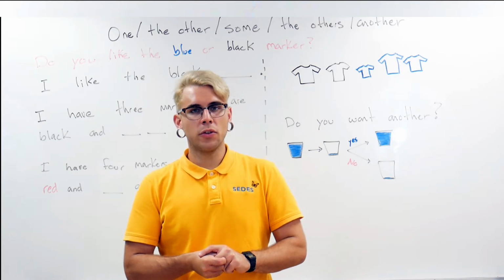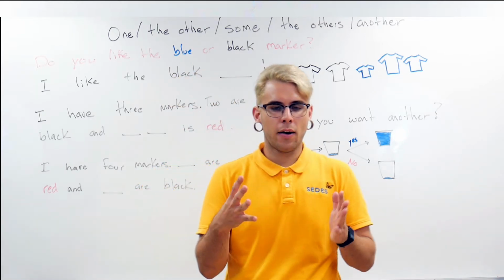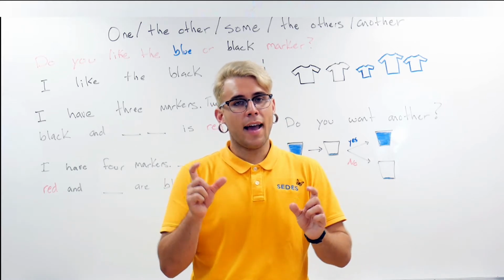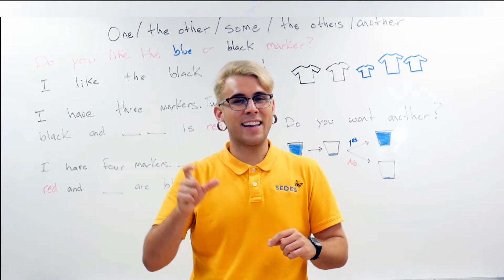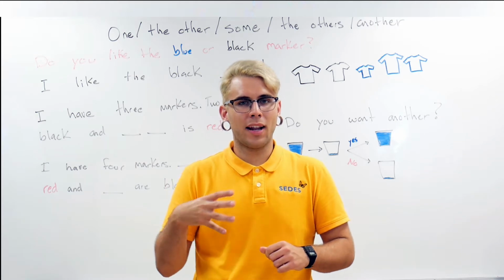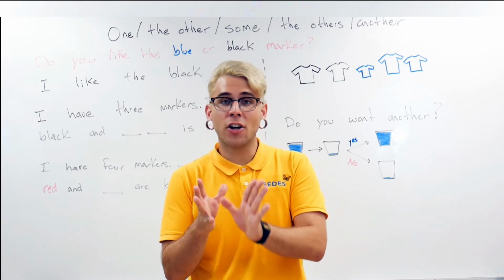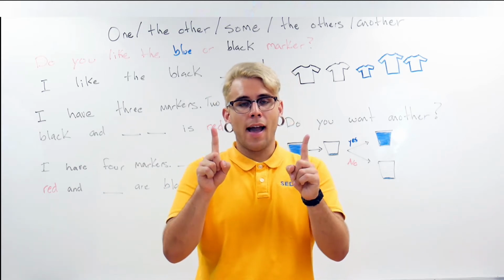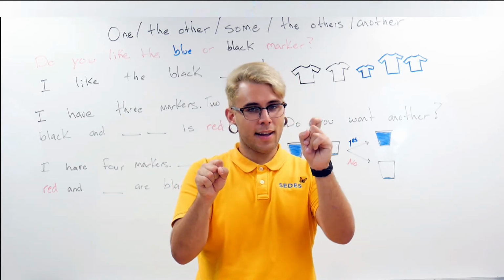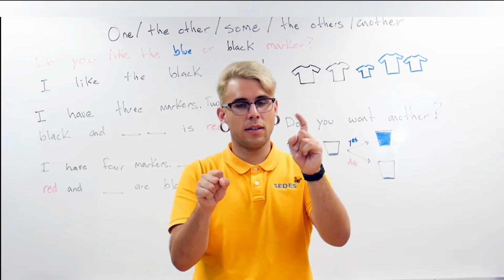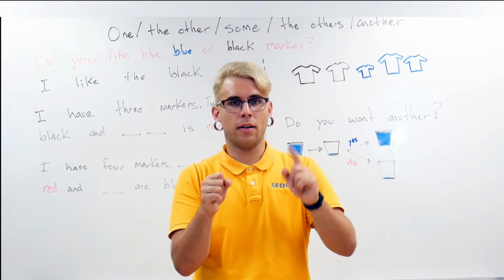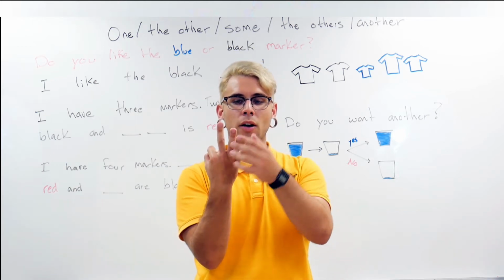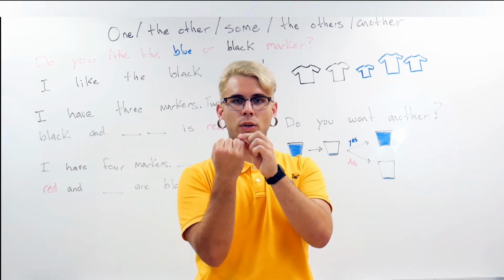The other is used whenever you are talking about multiple things, so 2, 3, 4, 5 things, and then the other is the last item, or whatever item is left once you have talked about every other item. So if you're talking about 2 items and you talked about 1 item, this last one is the other. It's the last item that you're talking about. If you're talking about 3 items, 1, 2, 3, and you already spoke about these 2 items, this last one is the other.